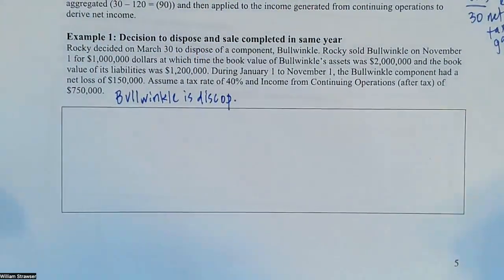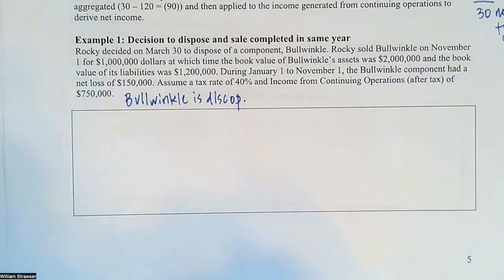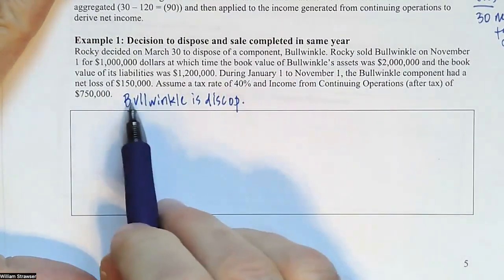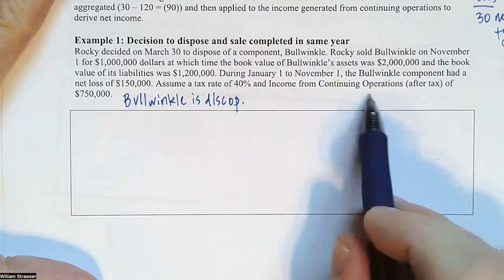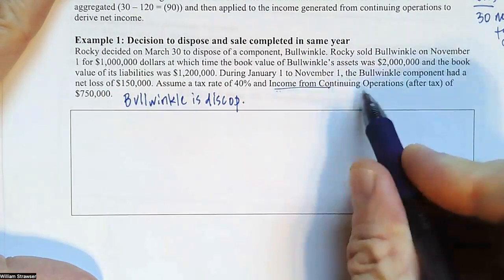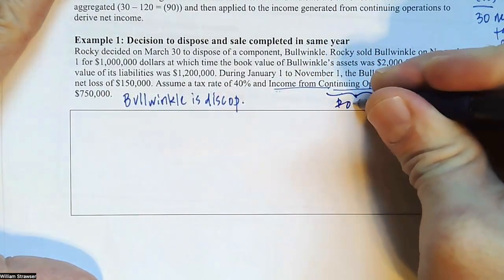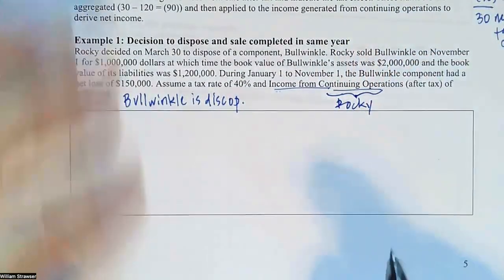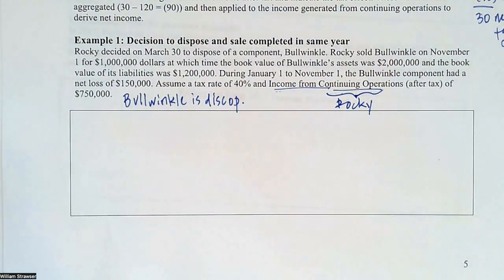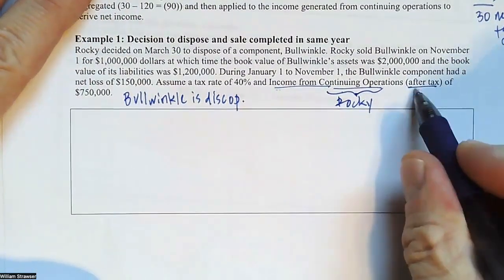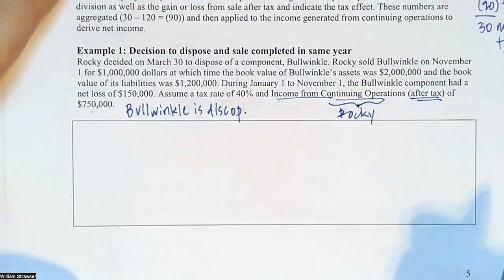Now we start with income from continuing operations. This is Rocky. It says that the income from continuing operations, the continuing is the Rocky piece. So all of their net income, cost of goods sold, operating expenses, non-operating items, and tax, because it's after tax, was $750,000.